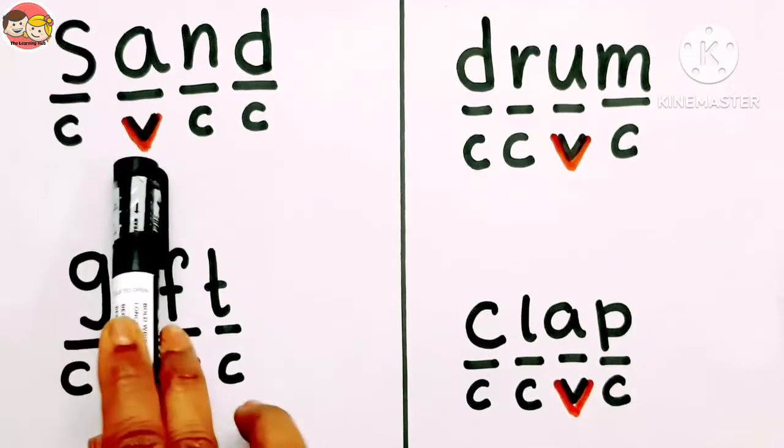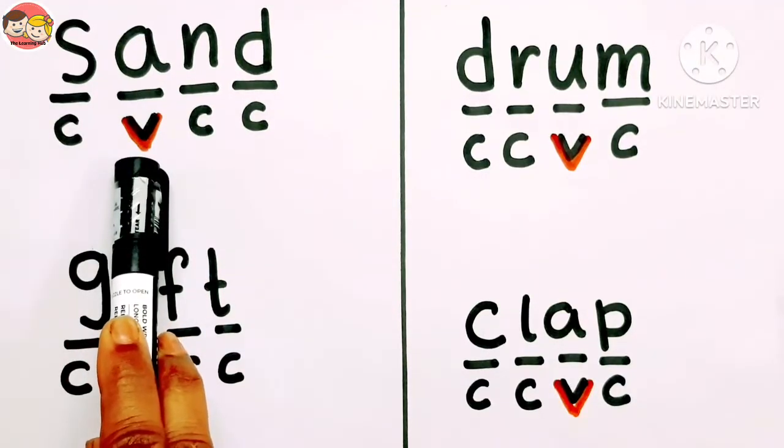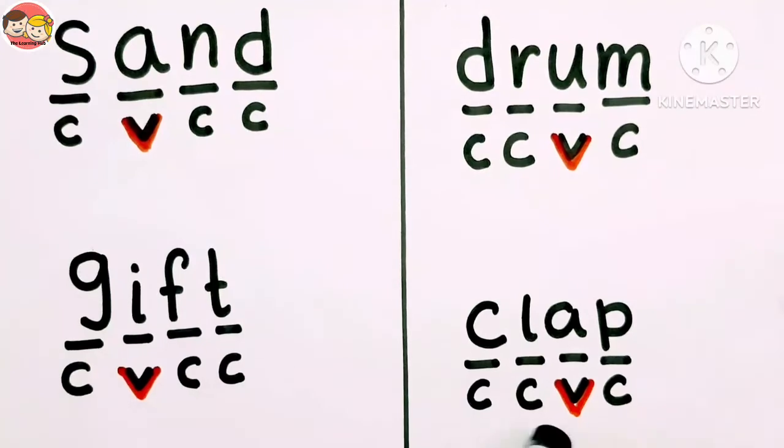If there is only one vowel, then it usually makes a short sound. So the short vowel sounds are A, E, I, O, U. One more time.